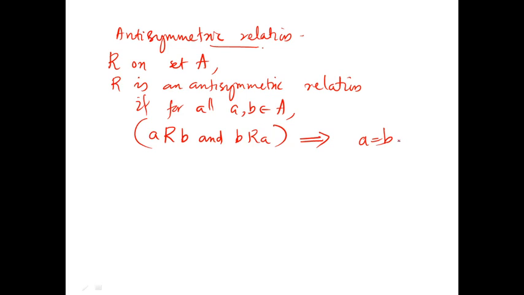So here one thing we have to notice is that a related to b and b related to a is possible if and only if a and b are one and the same element from A.